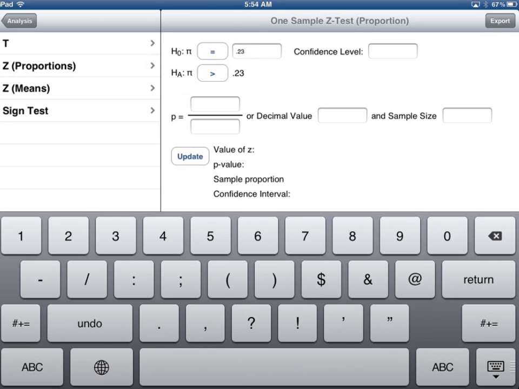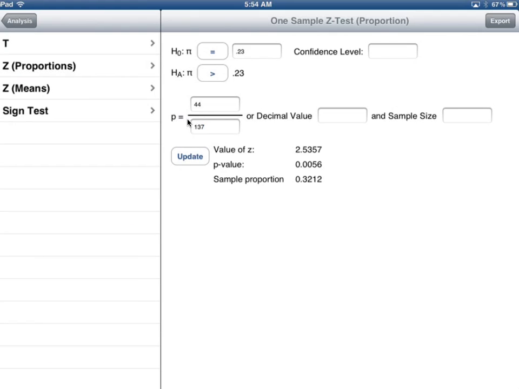P here, the sample proportion, was 44 over 137. If I had a decimal value, I could put in the decimal value right here and then add the sample size. But because I actually have the proportion as a fraction, I don't need to. This is all I need. Now if I update, there's my value of Z, there's the p-value, and there's the sample proportion.